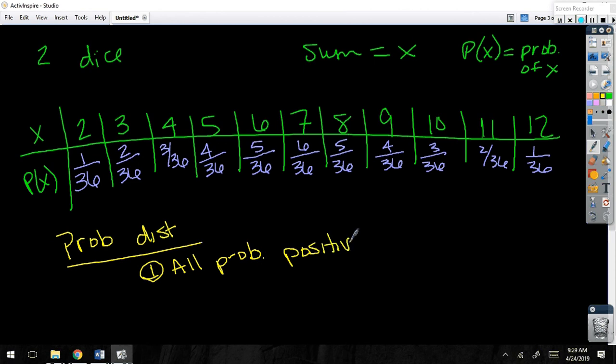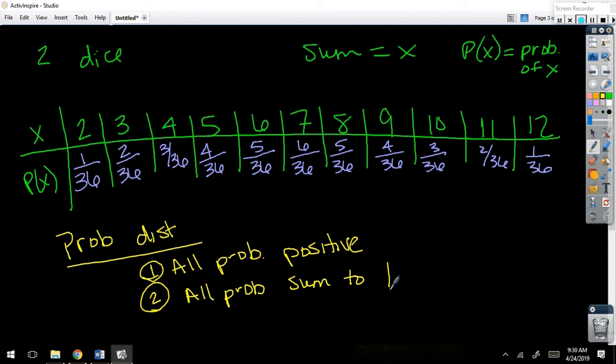You can't have a negative. There's not a negative 1 in 36 chance that you roll a 7. It just doesn't happen. So all probabilities are positive, and all probabilities sum to 1 or 100%.